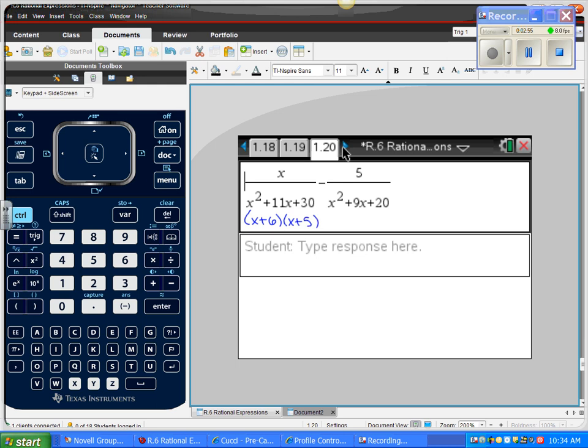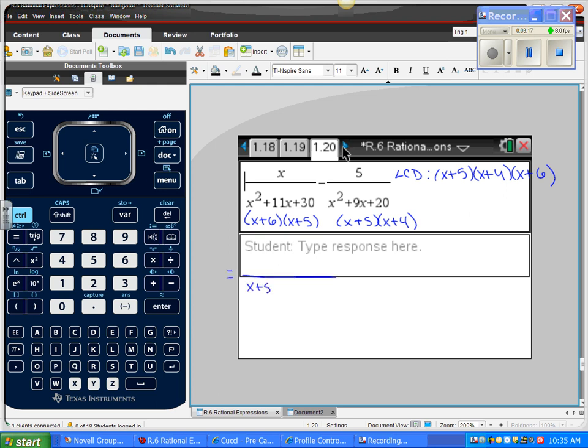Hopefully that was very quick, right? Multiplies to be 30, adds to be 11. x plus 5, x plus 4. So what's my LCD? Have to have one of each. x plus 5 is my match, x plus 4, and x plus 6. Okay? So let's start by writing that down.